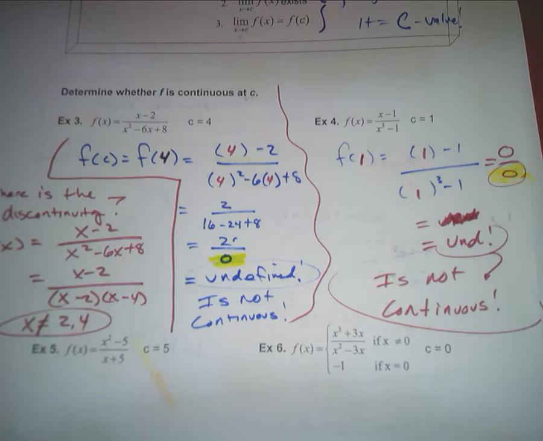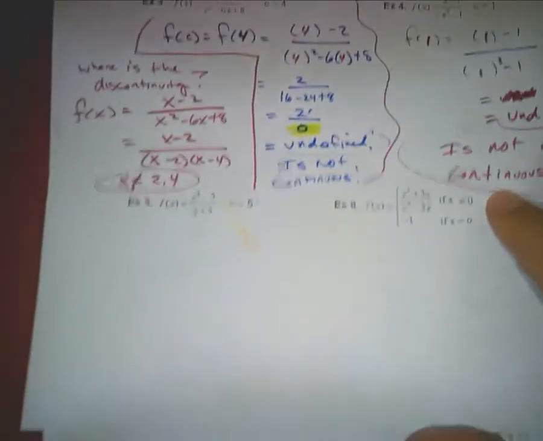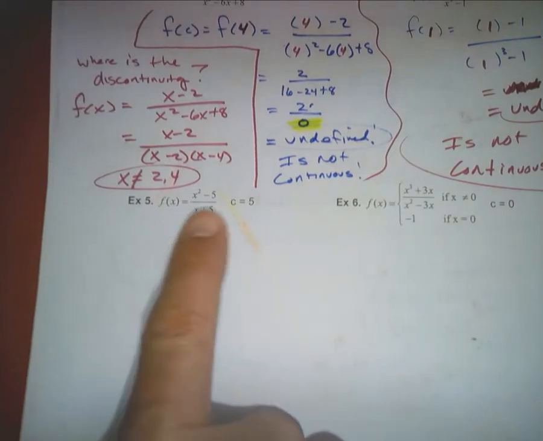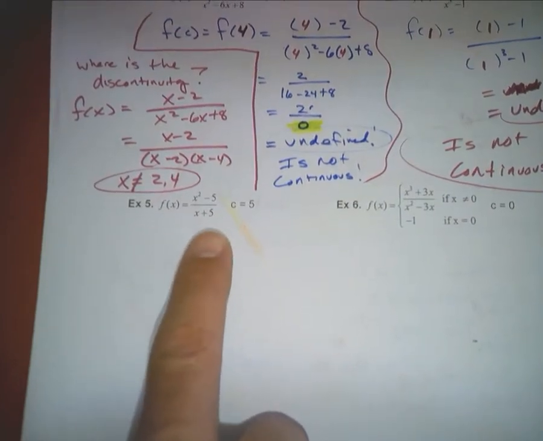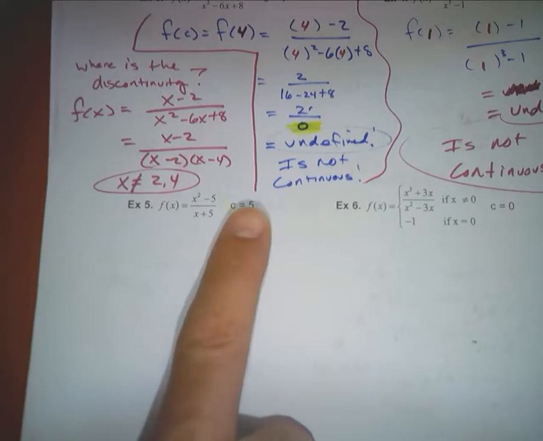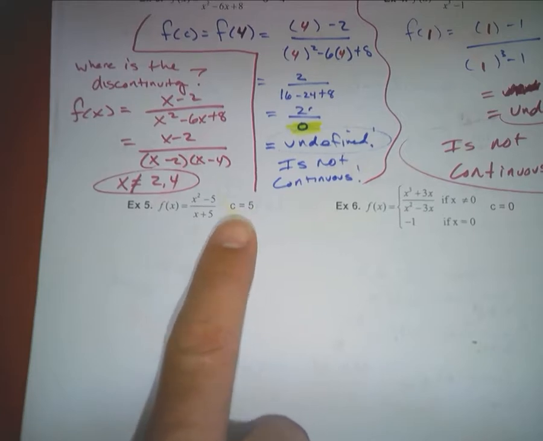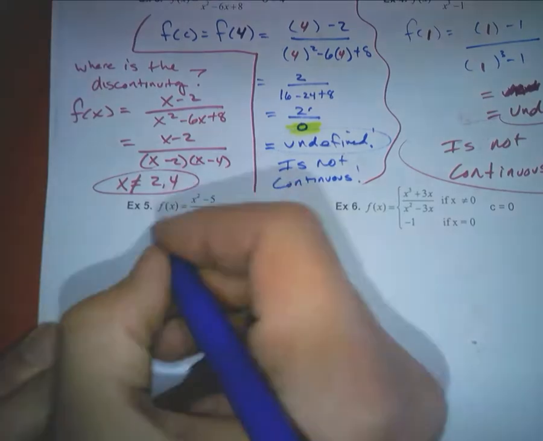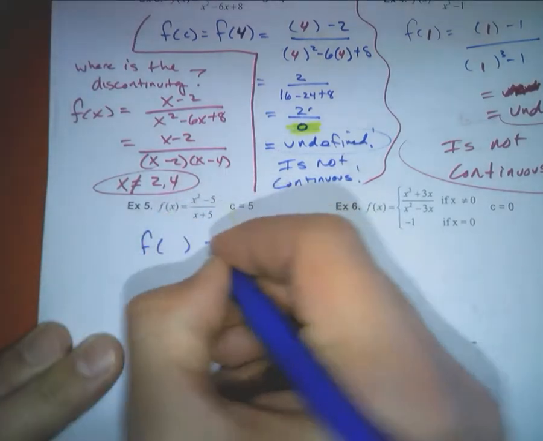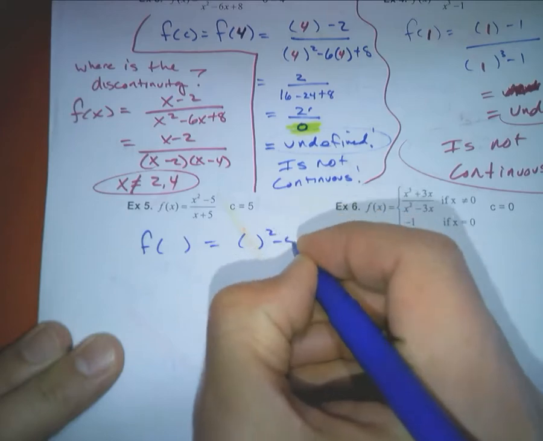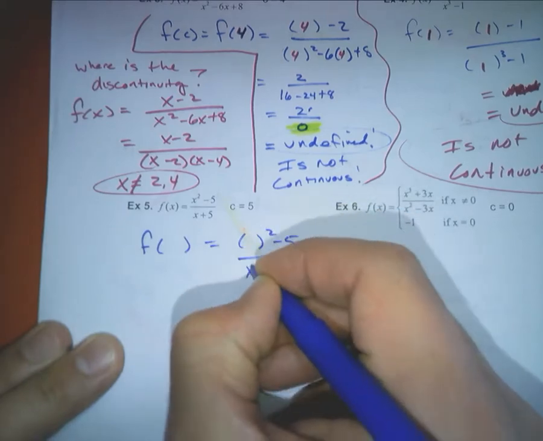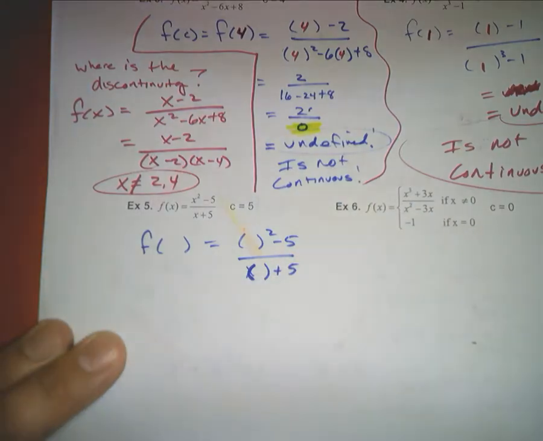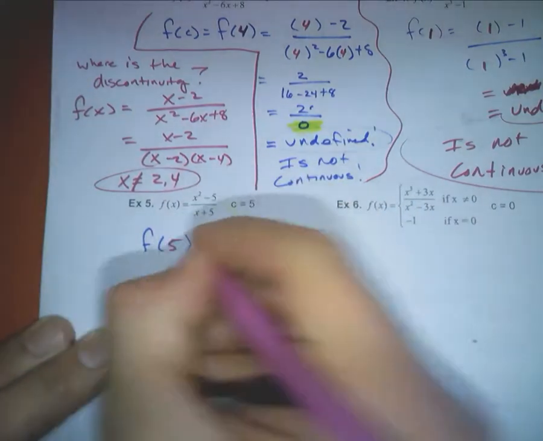All right, so if I take a look at example 5, I got f of x equals x squared minus 5 over x plus 5. And I want to see if it is continuous at 5. So one thing again I can do, just plug it in. Wherever there's an x, I'm going to put parentheses, and in the parentheses, I'm going to plug in this 5 value.